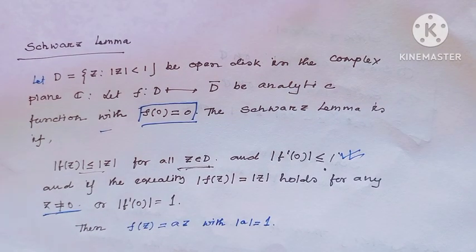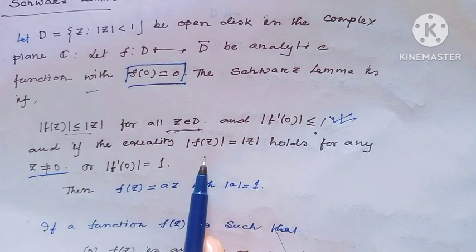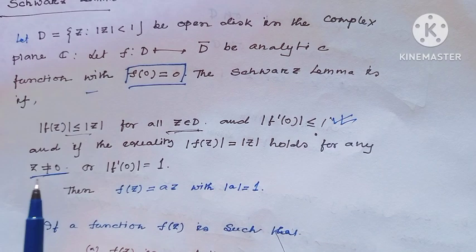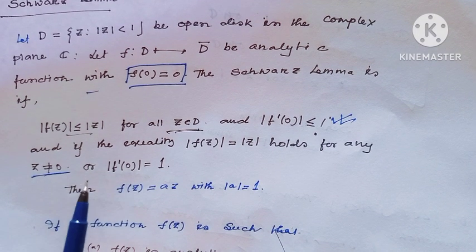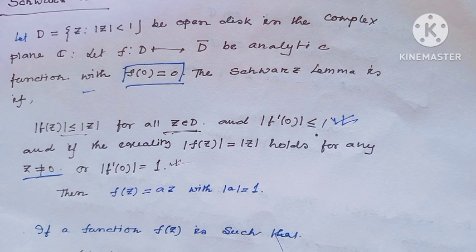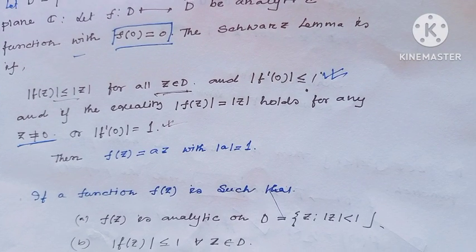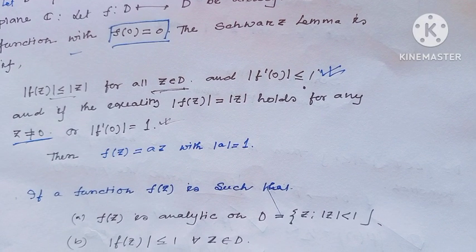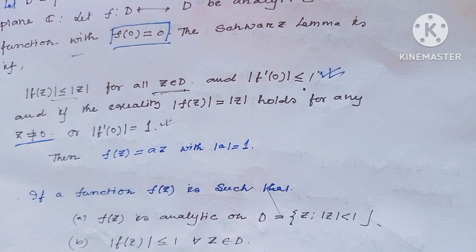And if equality holds, meaning modulus of f(z) equal to modulus of z for all non-zero z, or modulus of f prime 0 equal to 1, then that implies f(z) equals a z with modulus of a equal to 1.